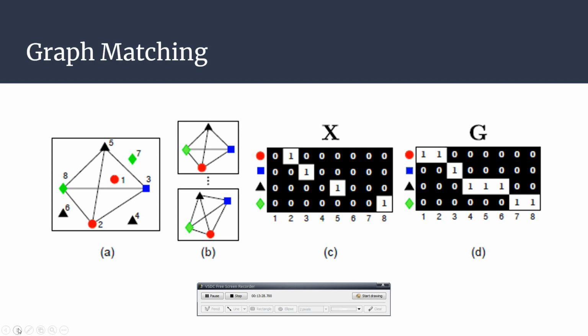In this slide, we're going to talk about graph matching. If you look to the right, you see the synthetic example and the test image, where we tested 8 candidates for 4 landmarks as is shown in the slide. Picture A and picture B show the exemplar graph, and picture C shows the correspondence matrix for matching.